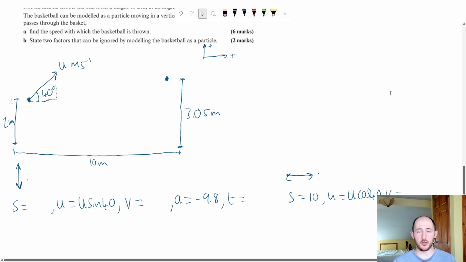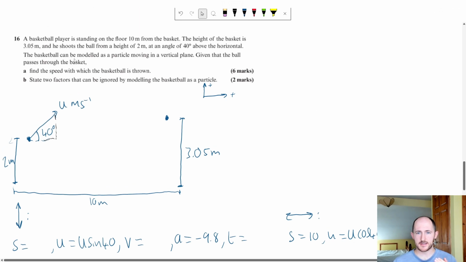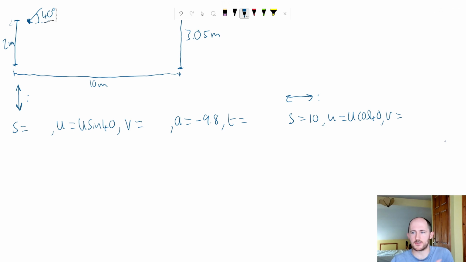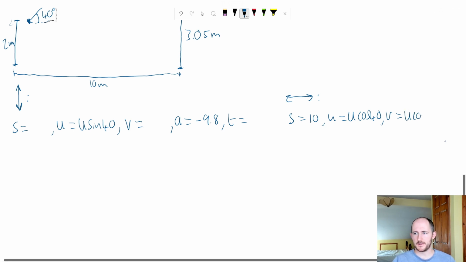V should also be U cos 40 because here it says it's modelled as a particle moving in a vertical plane. So essentially there's no air resistance, right? So we don't actually care about that. There's no acceleration. And again, the time we're not 100% sure on.